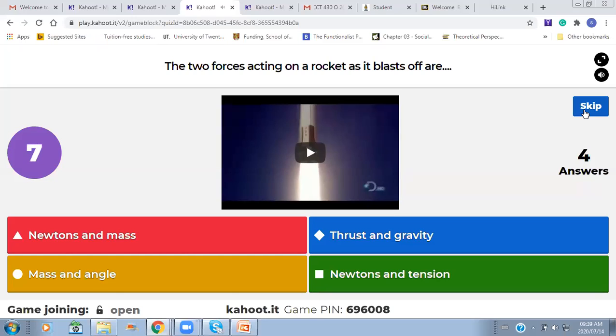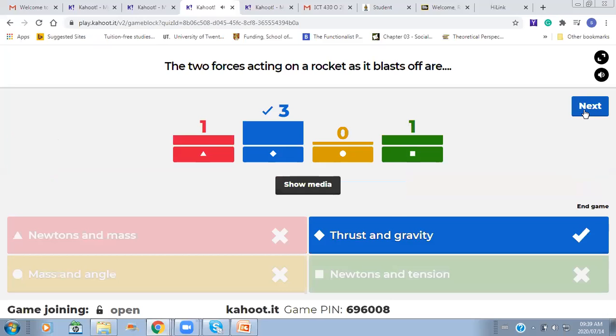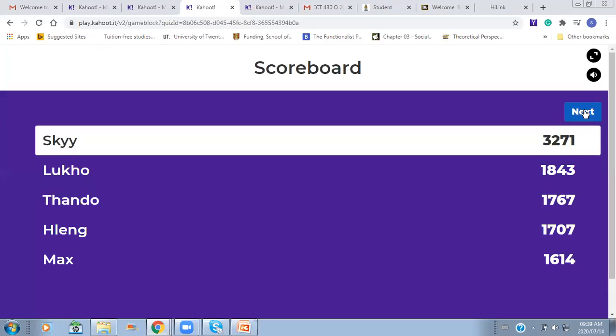Remember there are force pairs there. Okay. We have got three people getting this right and two getting it wrong. So let's see those. Okay, that's great. Cleo did this one first. Let's go to the next.